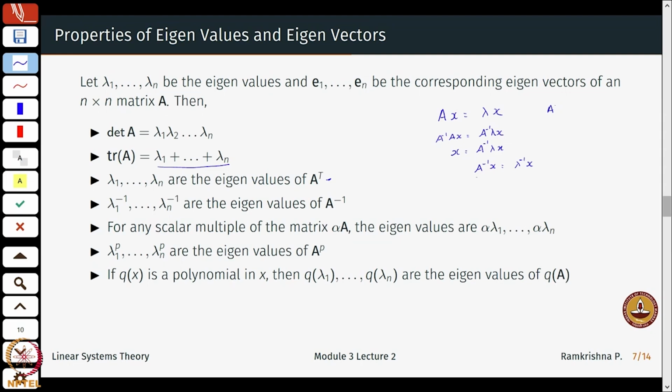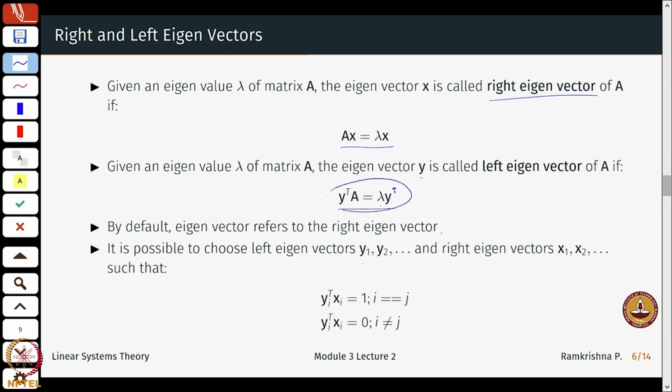So, A x is lambda x. How do these relate to the eigenvalues of A transpose? Let us start from here and take the transpose. So, this will be x transpose A transpose is lambda times x transpose, and if you look at it, this is similar to the earlier expression. It means two things here.